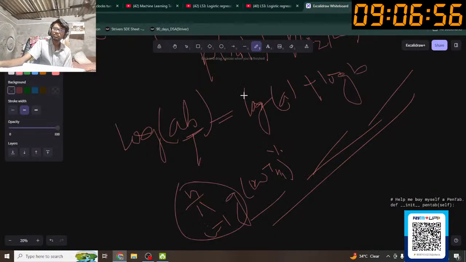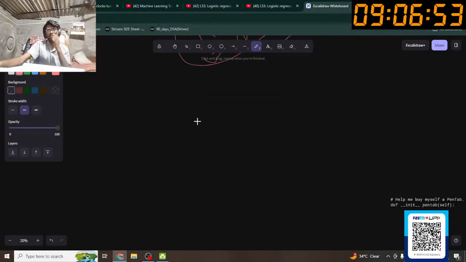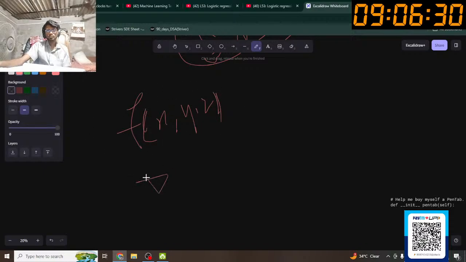These things are very intuitive. I should reiterate what the gradient of a function is, right? Let's say there is a function f having three parameters x, y, and z, and we need to find the gradient of this f.